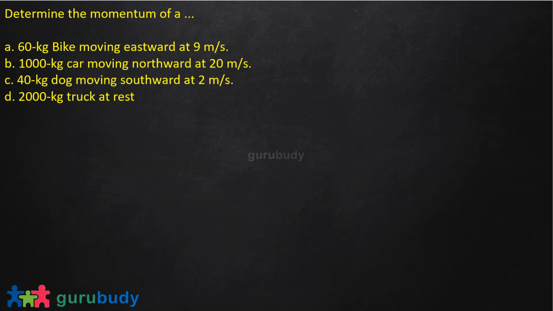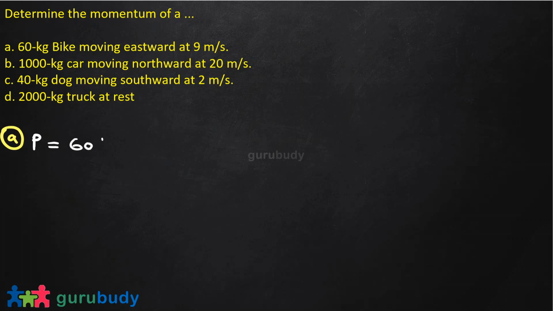The question is asking, determine the momentum of a 60 kg bike moving eastward with a velocity of 9 meter per second. You can easily calculate for A. The momentum is mass into velocity.